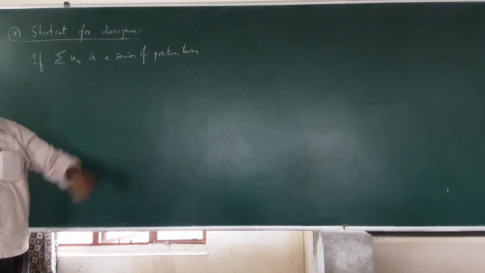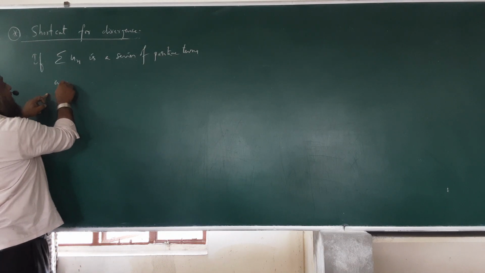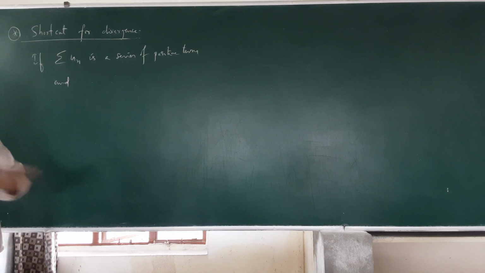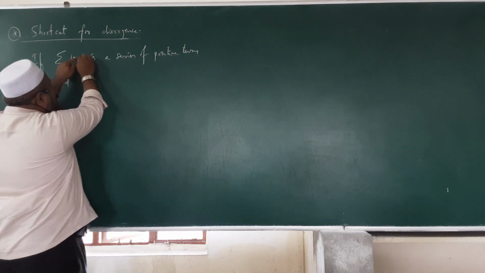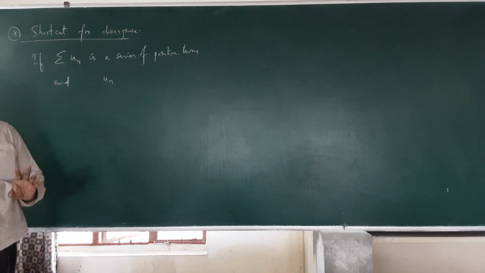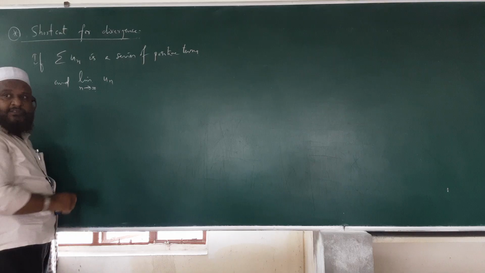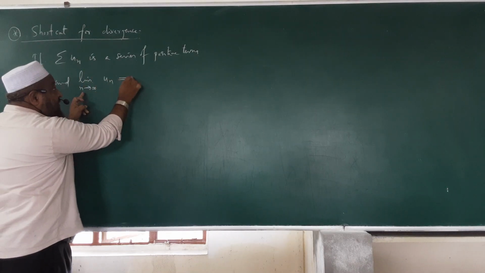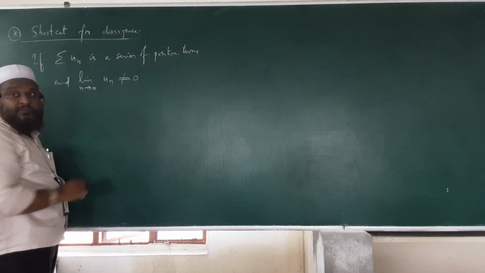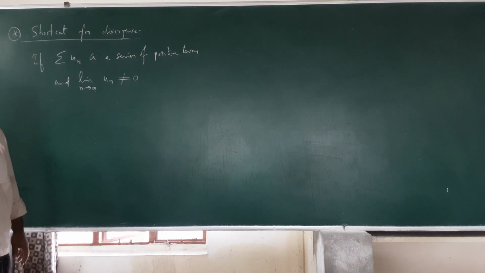Ask me. If sigma un is a series of positive terms, don't do anything like un by bn in the limit comparison test or the ratio test, all these things are clear. Here, just pick up this un and find the limit as n tends to infinity. If this limit is equal to 0, you can't decide anything, no conclusion.